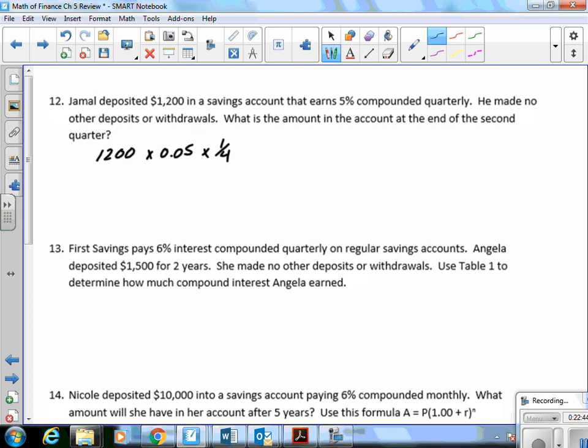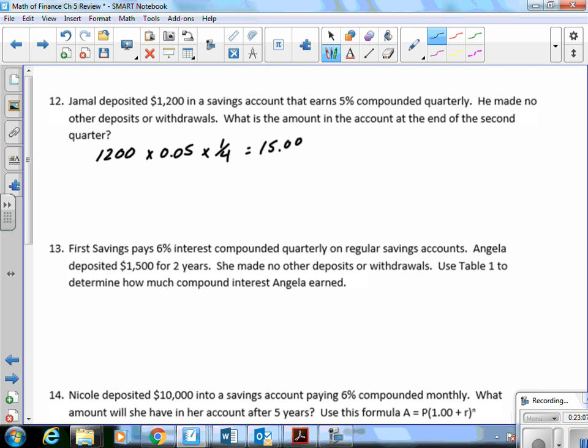And so we take the 1,200 times 0.05 times 1/4. It's going to equal $15 for that quarter.